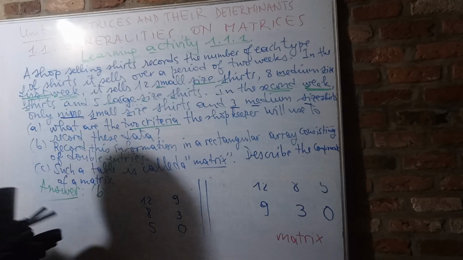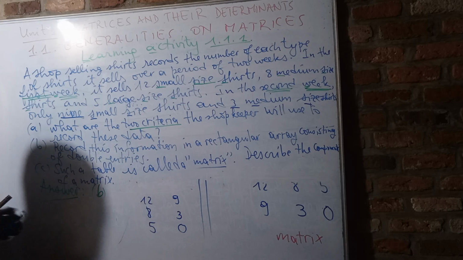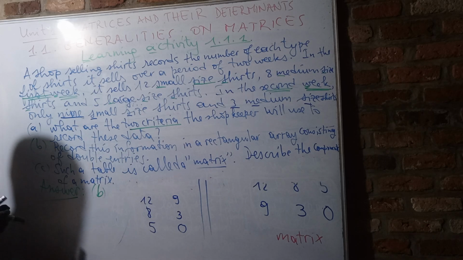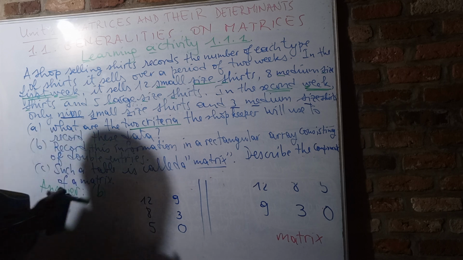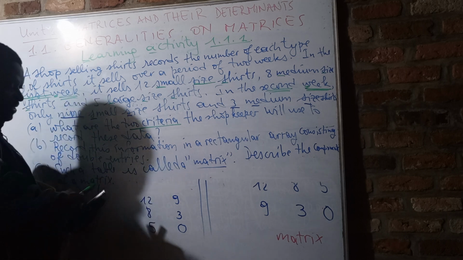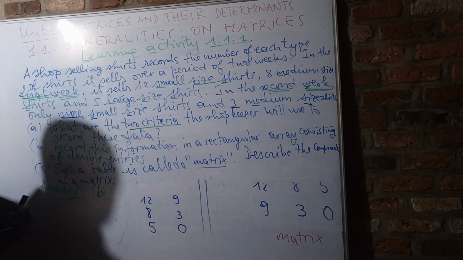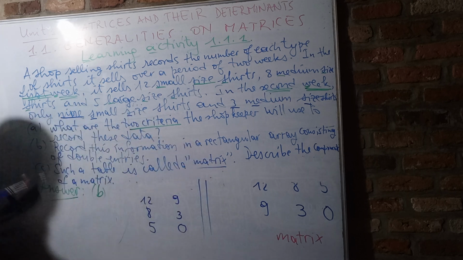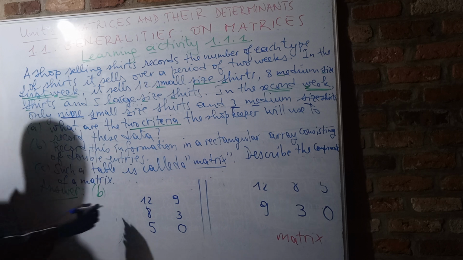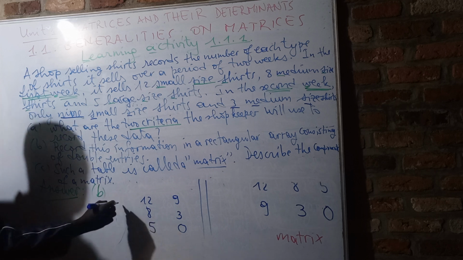Okay, now suppose we call this matrix, so in mathematics we have a way of shortening things, abbreviating mathematical objects.